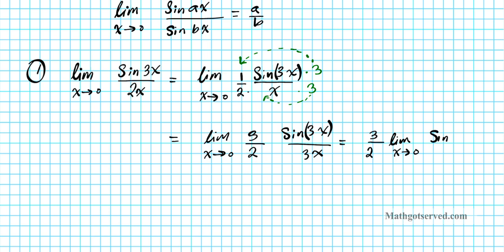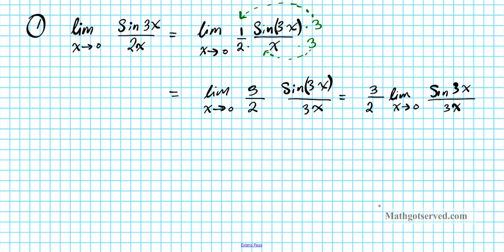You can also make a substitution: let u be 3x, and then you have sine u over u, and then you can apply the limit laws. But this is sufficient right here. So this becomes 3 over 2 times 1 using the squeeze theorem, and your final answer is 3 over 2.